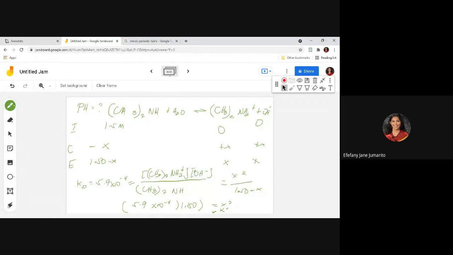We have 5.9 times 10 to the negative 4, times 1.5, square root, because we're going to get x only.